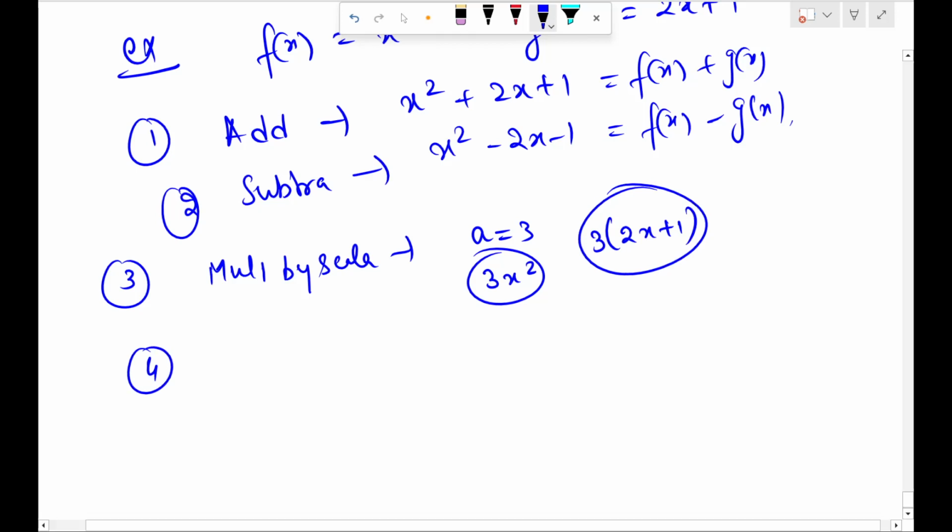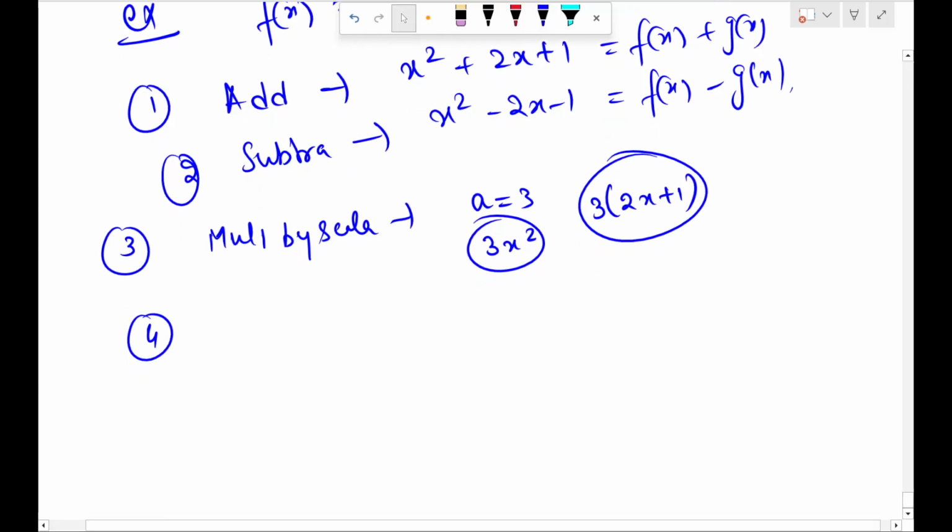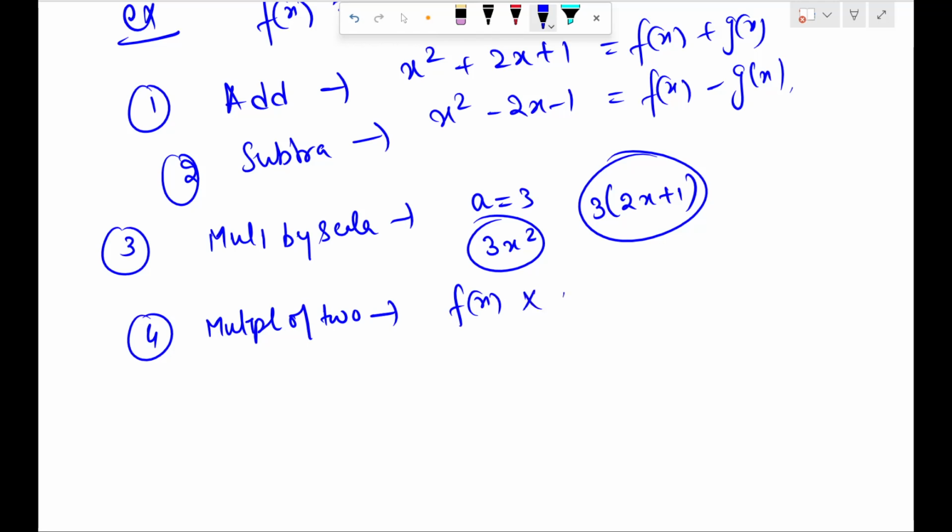Fourth, we have multiplication of two functions, so f of x into g of x is equal to x square into 2x plus 1. This is equal to 2x cube plus x square.